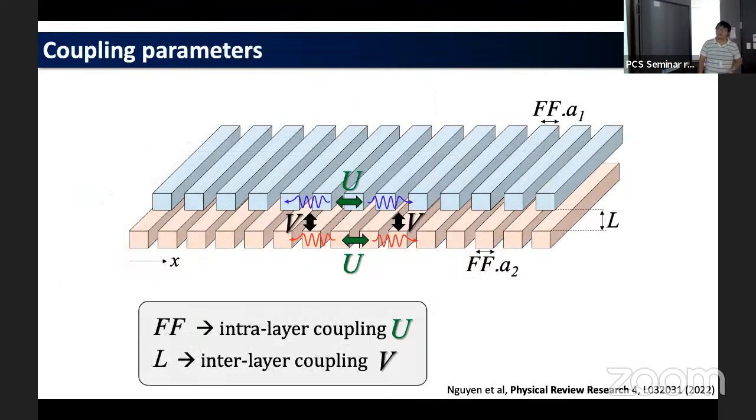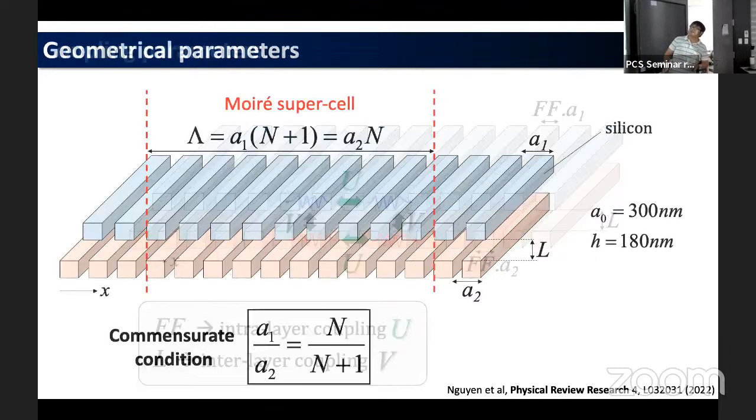So how do we describe the interaction? We still have the intra-layer coupling by diffraction coupling U, top layer and bottom layer, and then the co-propagating modes of each layer can couple through evanescent coupling V. The intra-layer coupling strength U will be dictated by the filling fraction FF, and the interlayer coupling V will be governed by the interlayer distance L. These are the two main parameters of the system, together with a third one that is the same for each moiré, the value of n.